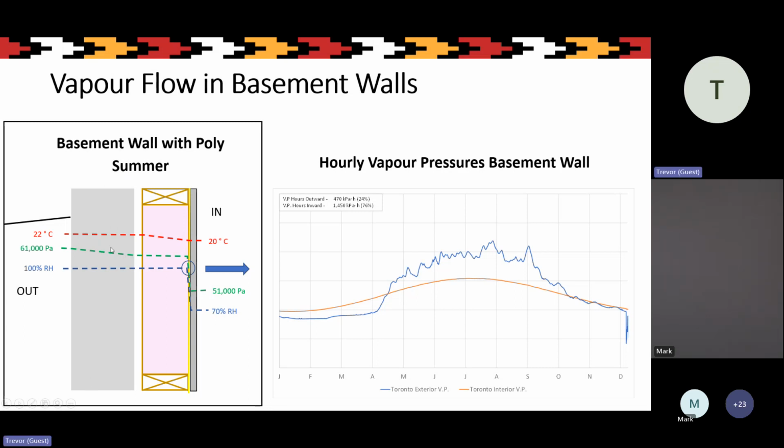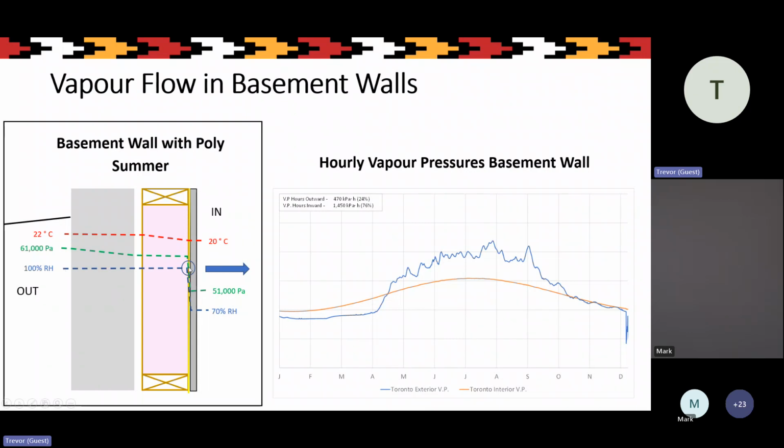So this is our basement concrete wall, but we have a stud wall on the inside with poly, which is a very common approach. What we'll see is that all the vapor pressure drop occurs across that interior poly layer. And so we actually end up with a pretty high vapor pressure difference from inside to outside.